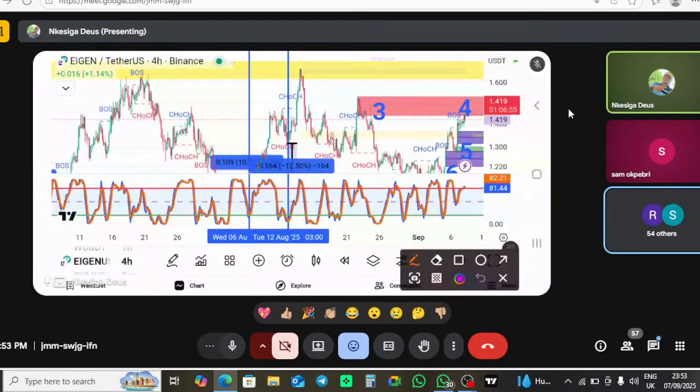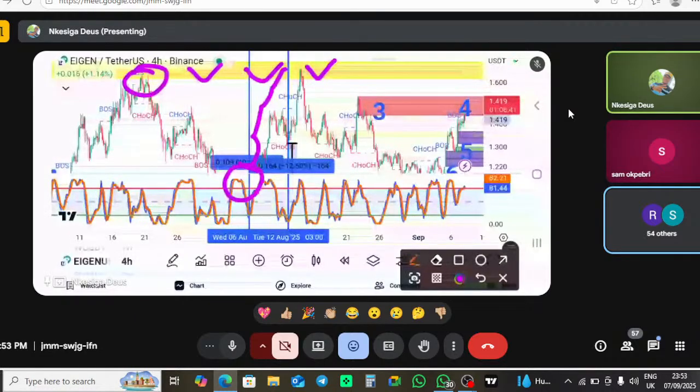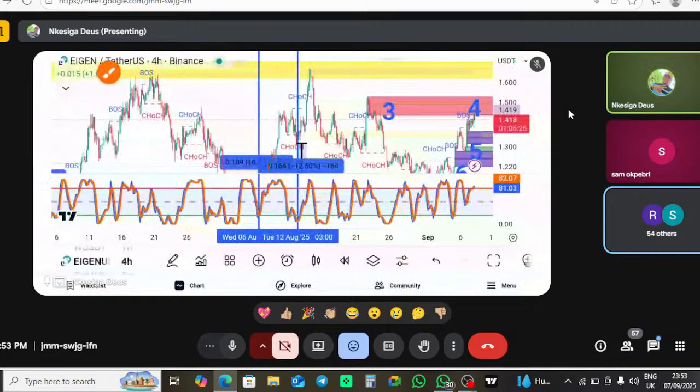Are we all seeing this level? In yellow color, it is the supply level. So from down here, the market is chasing the yellow supply. It may take time, but trust me, the market will go and supply the yellow block. Are we seeing the reason now?